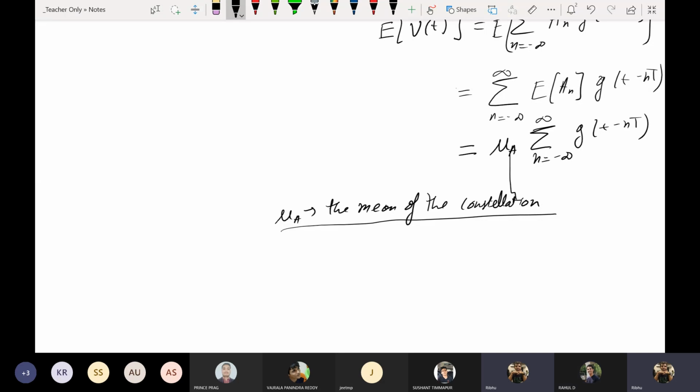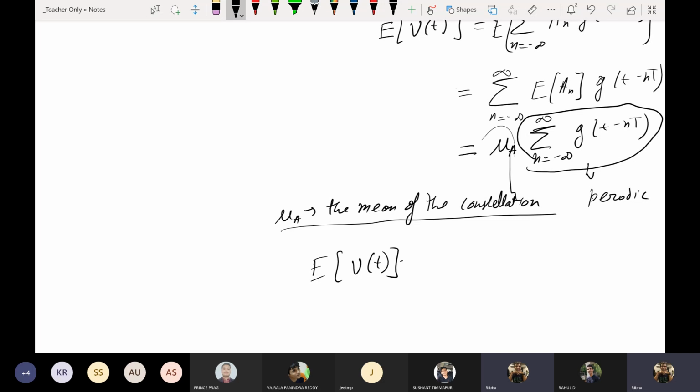So we are not talking about symbol reception anymore. That will come later. We are just characterizing this V(t). So this and this you can see are periodic. So the expectation of V(t) is a periodic signal, right?